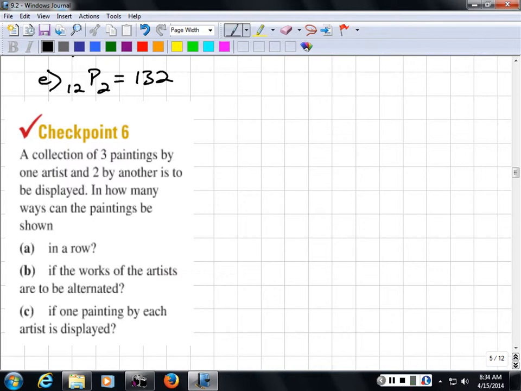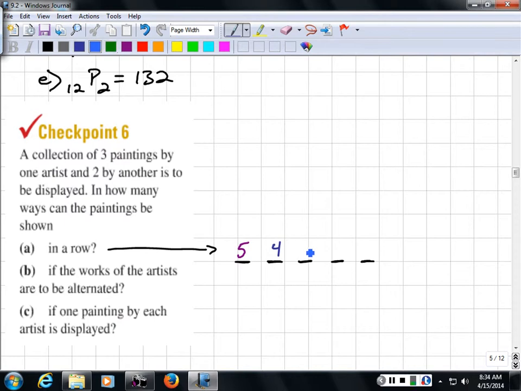but on this first one, they don't give us any restrictions. So it's just going to be 5 factorial. Because if I try to display the paintings on the wall, I have 5 places to hang the paintings in a row. And I can choose from one of 5 paintings for the first spot. But once I've chosen one of them, I've only got 4 left.